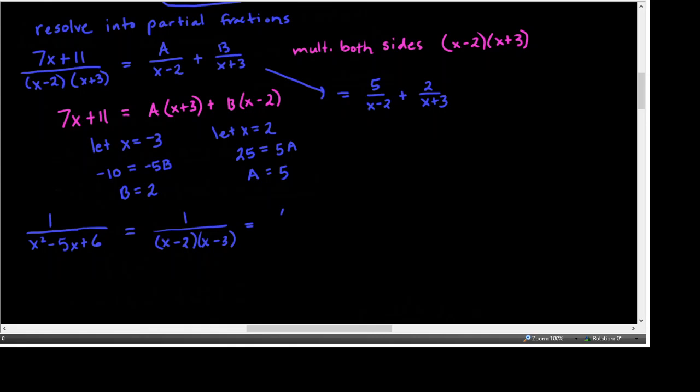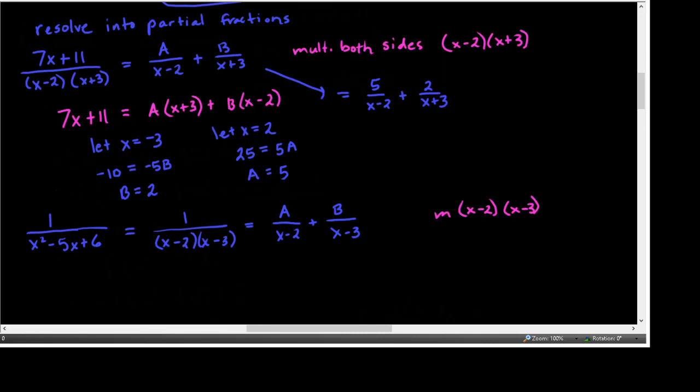And that will be equal to some number a over one of those factors plus some number b over the other factor. Then I'm going to multiply both sides of the equation by both x minus 2 and x minus 3. Again, that's on both sides of the equation.